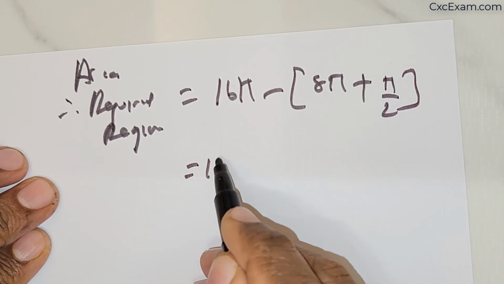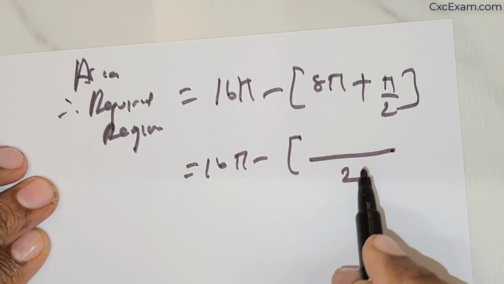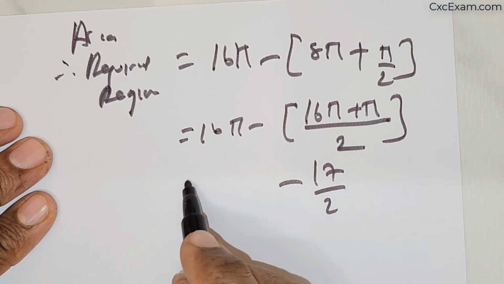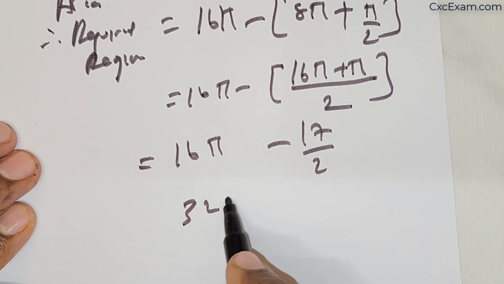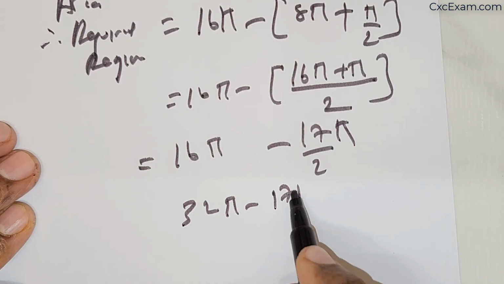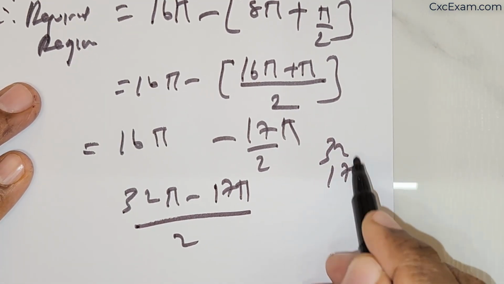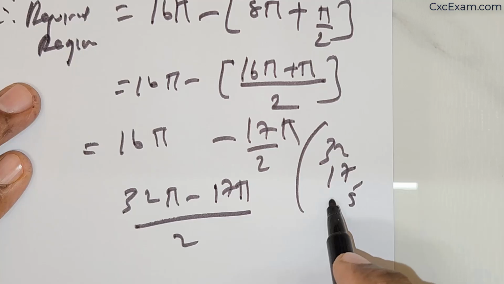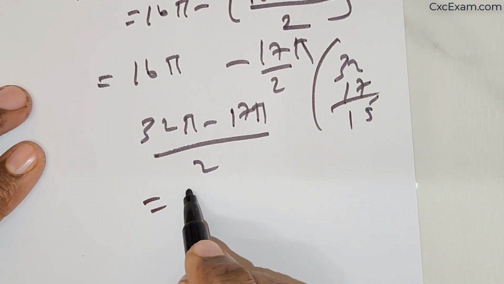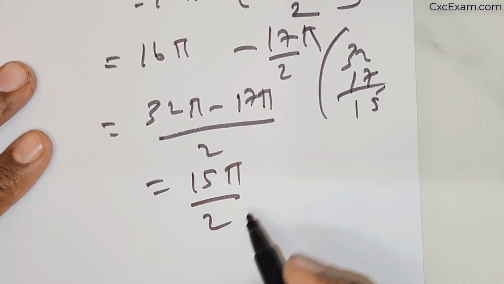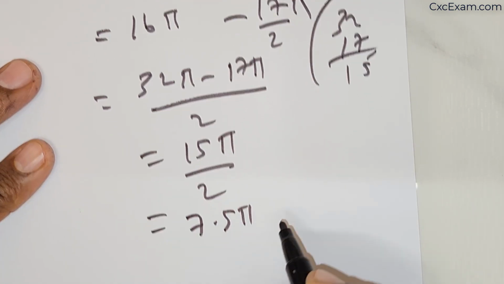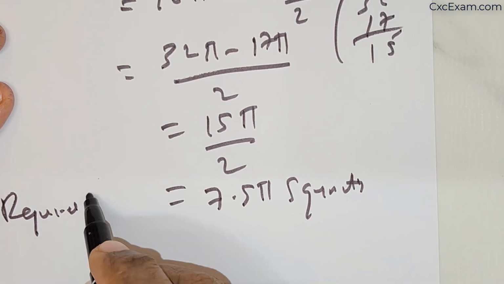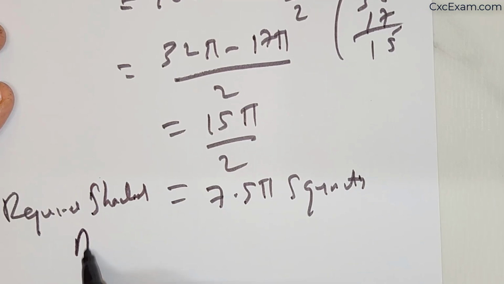So 16 pi minus, I take LCM as 2, this is 16 pi plus pi, which is 17 pi over 2, negative 16 pi. This is 32 pi minus 17 pi divided by 2. From 32 you take away 17, you get 15, so this is 15 pi over 2, which means 7.5 pi square units. So this is the required shaded area.